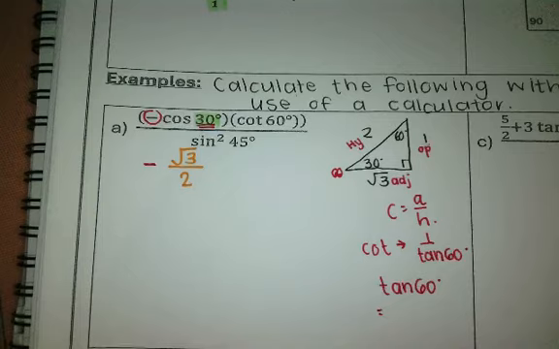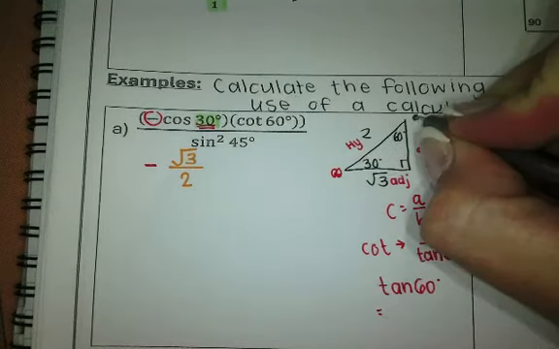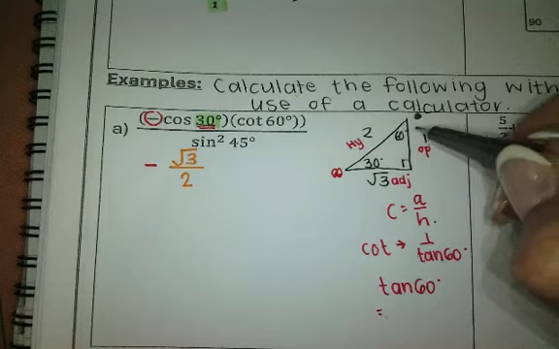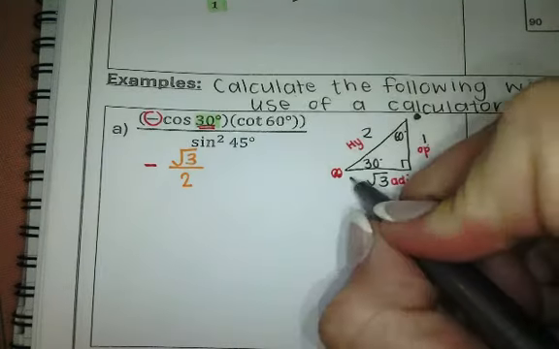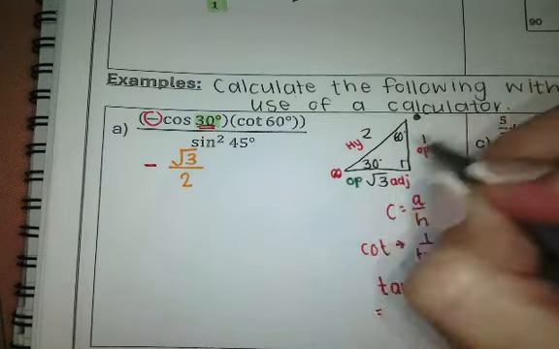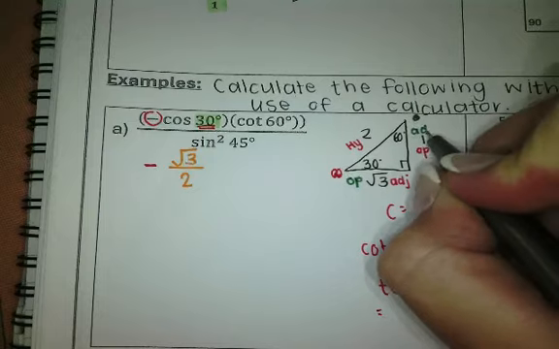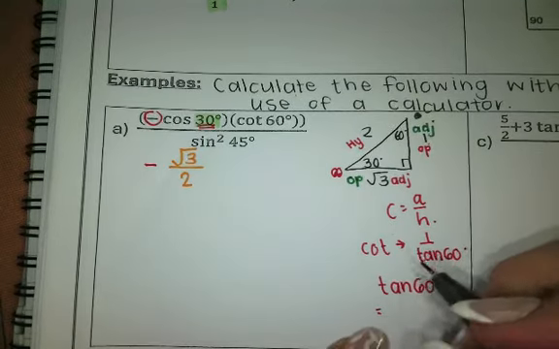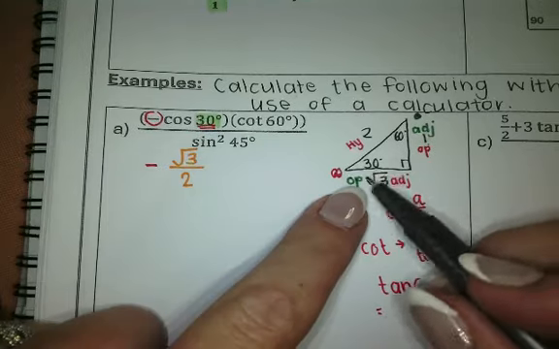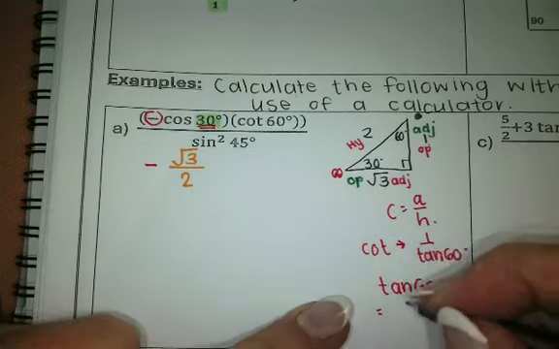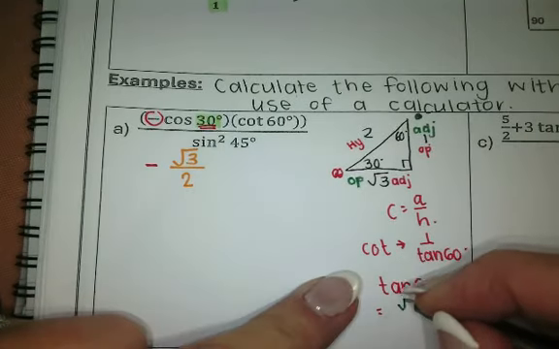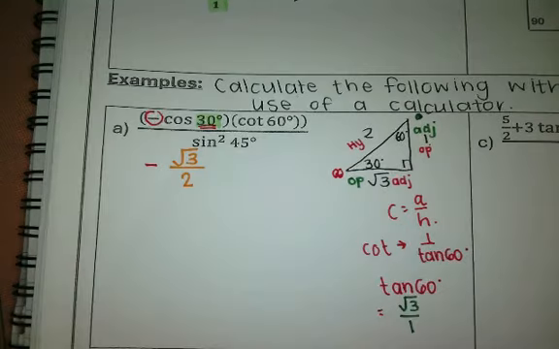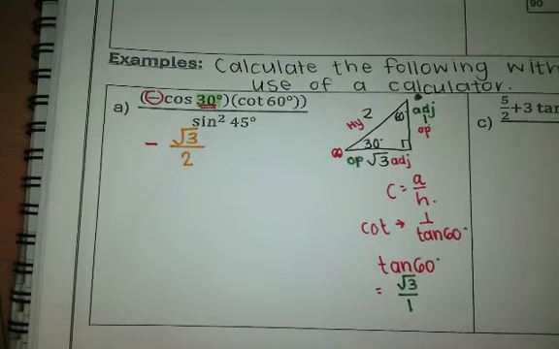We're looking from here. Hypotenuse stays hypotenuse. This is your opposite, and this is your adjacent. So we know tan 60 is opposite over adjacent, which is square root 3 over 1. Are you with me? Adjacent alone is 1.